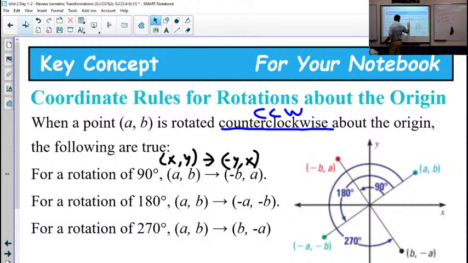So when a point is rotated counterclockwise, here are our coordinate rules. And I just said that reflections are easier to think of with the graph. I think the rotations are easier with the coordinate rules. So that's how I'm going to show them. These are all coordinate rules for rotations counterclockwise.